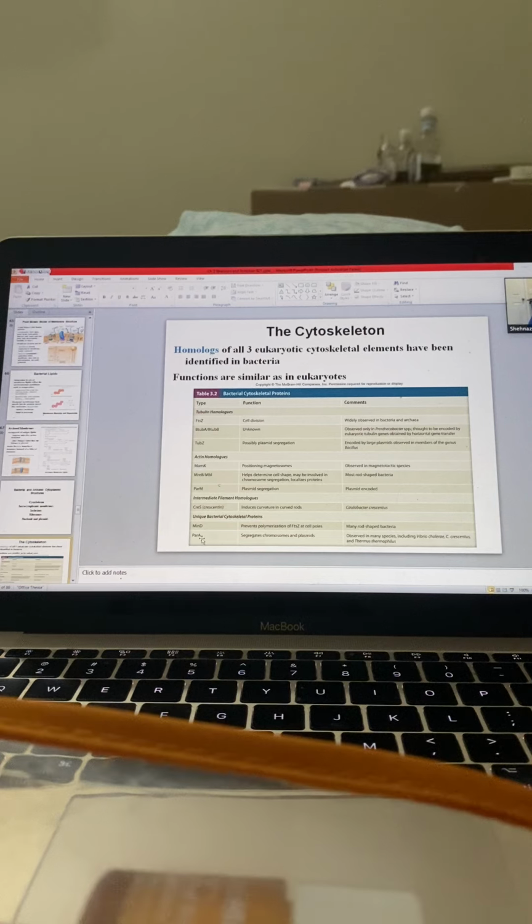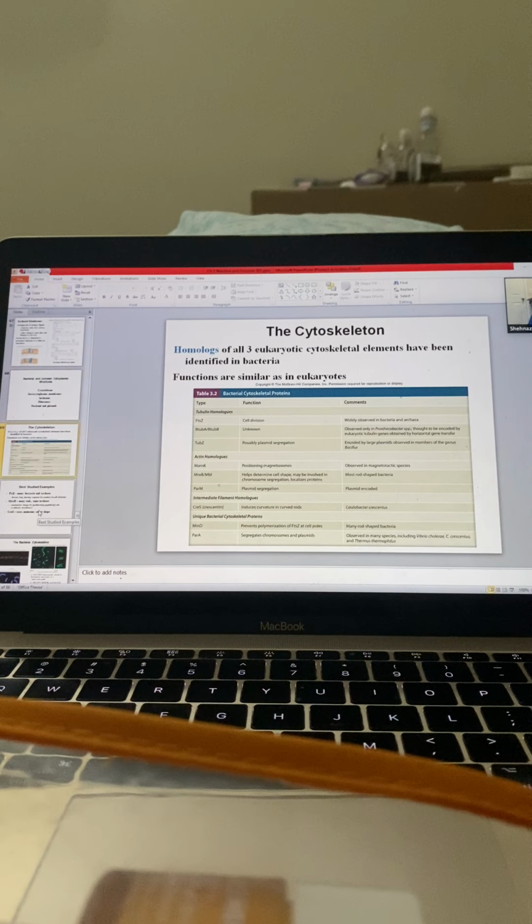Then there's another one, which is ParA, which is a very important one also. And this also allows segregation of chromosomes as well as plasmids. And this has been observed in many species, including your Vibrio and the Caulobacter and the Thermus, all those very special ones also. So this is just a small list of it. We've been discovering all these cytoskeletal proteins in the bacteria now, and they are quite varied.